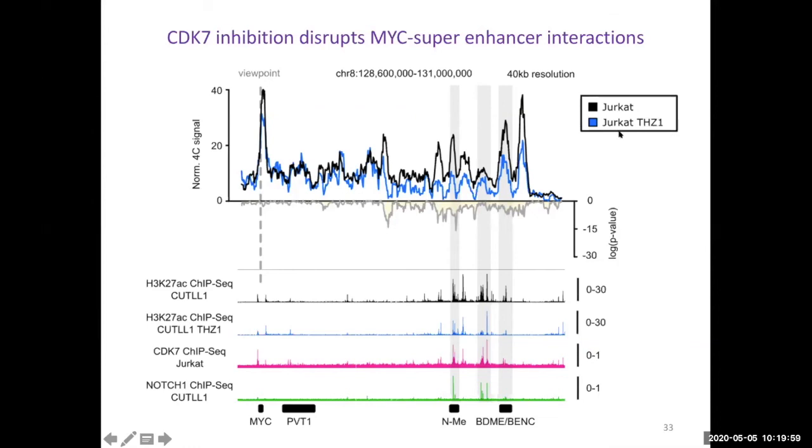This is in Jurkat cells, but we've done it in multiple cell types now. You see this very significant loss of K27 that is accompanied by loss of interaction between enhancer elements and promoter. This is something we've seen on Hi-C, HiChIP, and 4C.